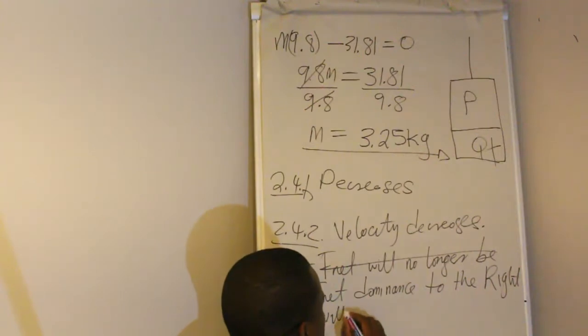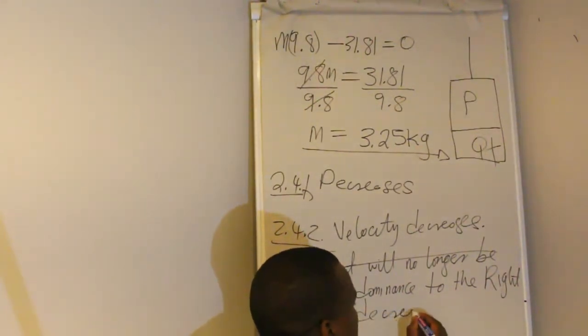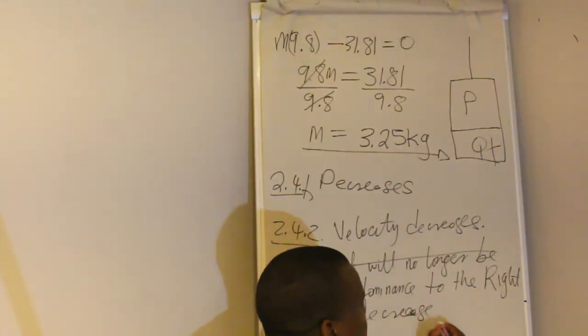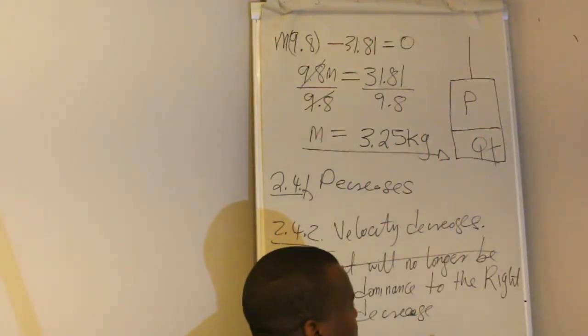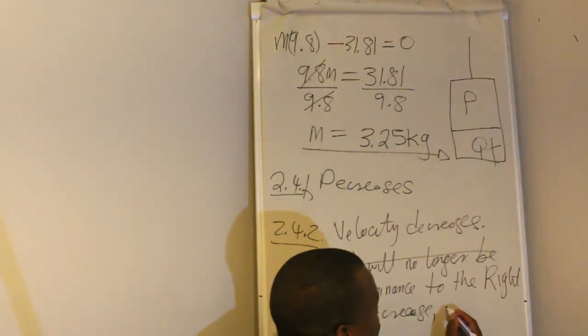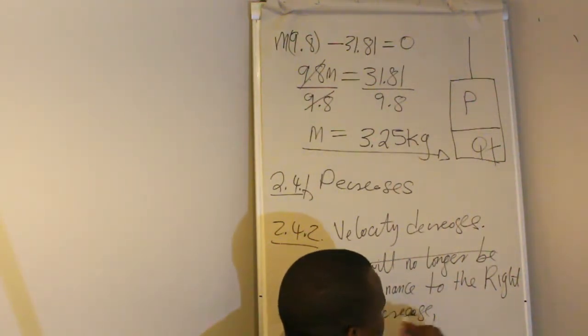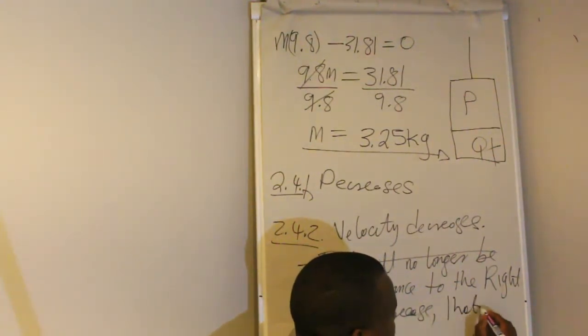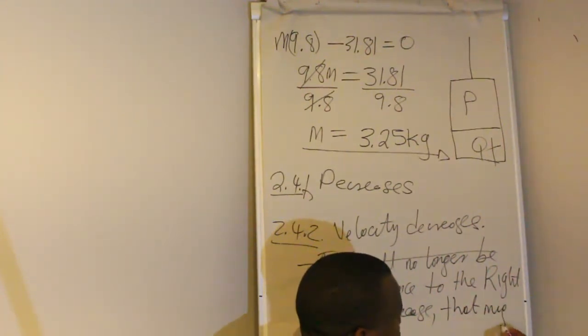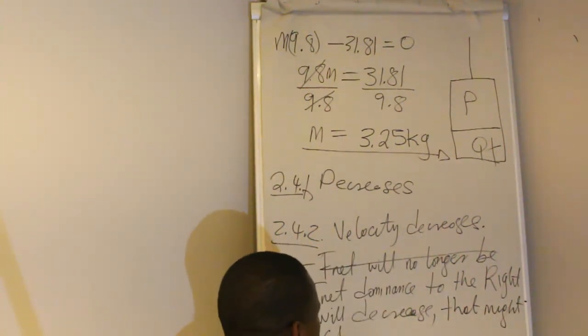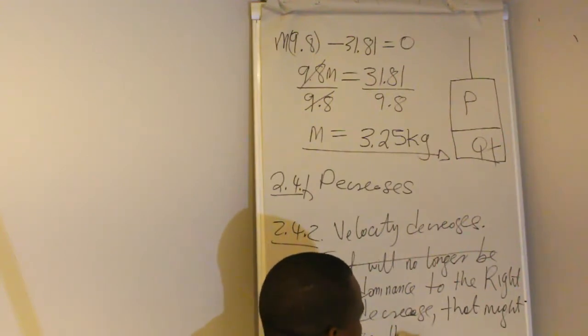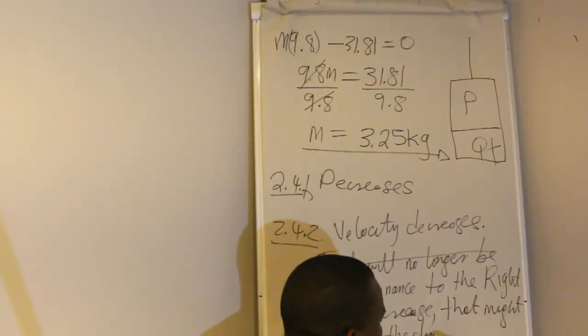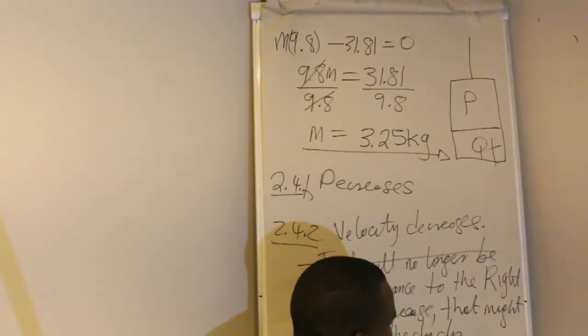F net will decrease, obviously. That might change the direction of the system.